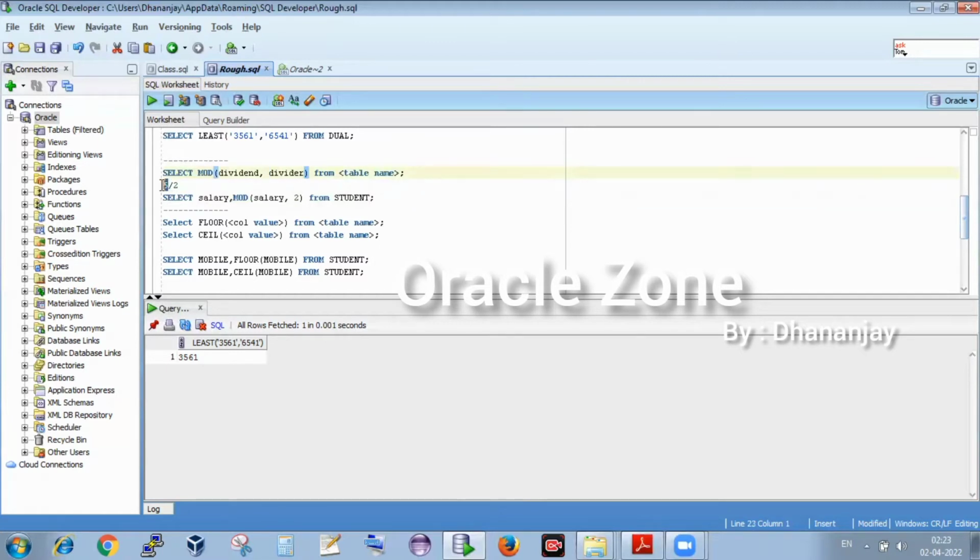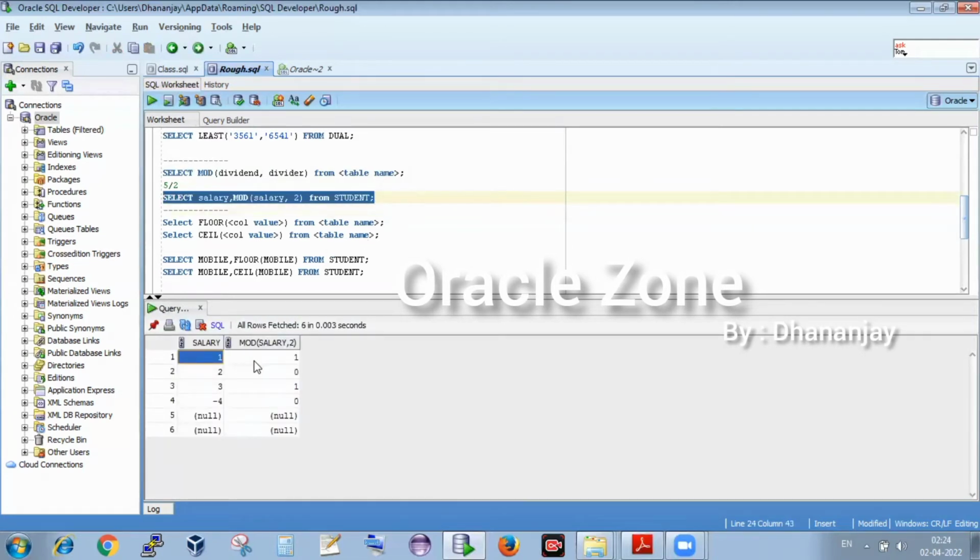Instead of that, if you don't have any particular values, we can put the column on which I want to perform the mod operation. Here I am putting salary. On the salary column I want to divide and return the remaining values. The divider through which I am dividing the salary is 2, right? Let's execute this query.